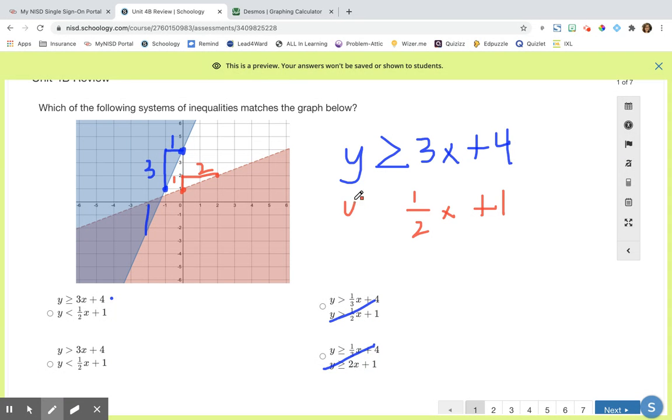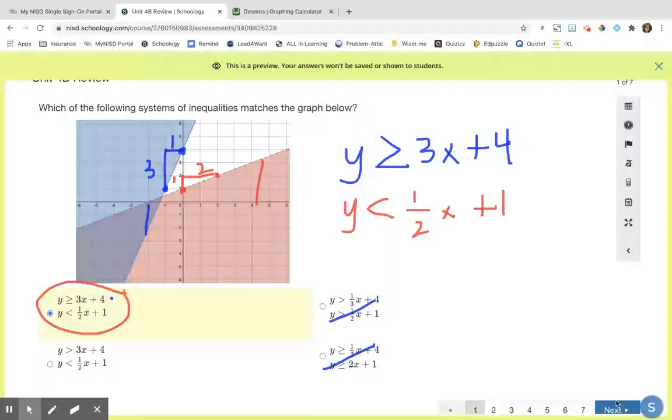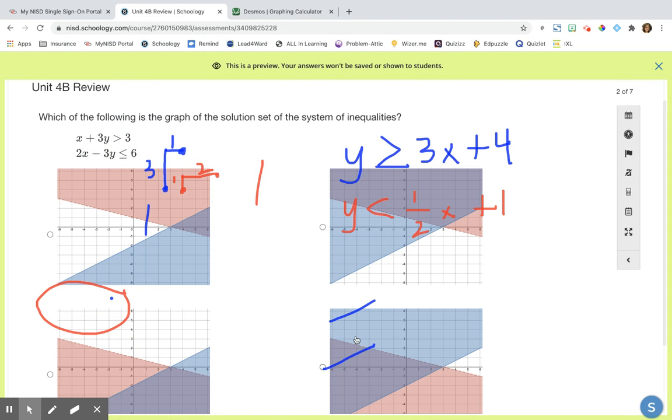And if I want to know what symbol goes, it's a dashed line and it's shaded below. So that would be less than. And if you look at those two choices, both of them have it. So that means that this one right here is our correct answer. So I'm going to go ahead and click that one. And let's go to the next question.